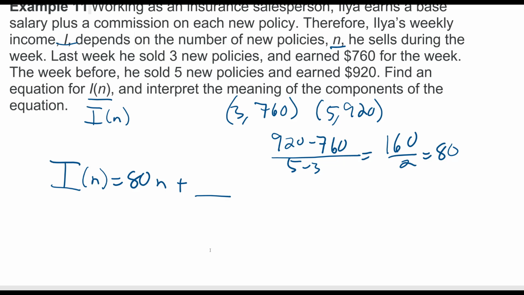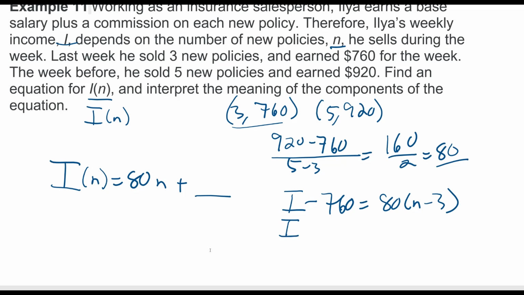Okay, so we have the slope and we have a point. I'll just take this smaller number. If I said I minus 760 equals 80 times n minus 3, that means I minus 760 equals 80n minus 240.